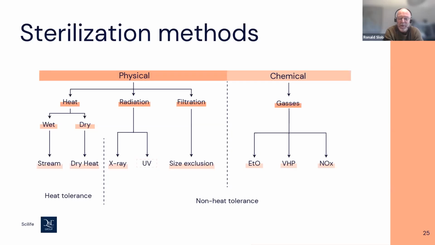Also for the filtration part, you have to show it. It's not really that you say, okay, I put it over 0.22 filters. The material itself, the temperatures, flows, there are numerous parameters you have to be aware of.